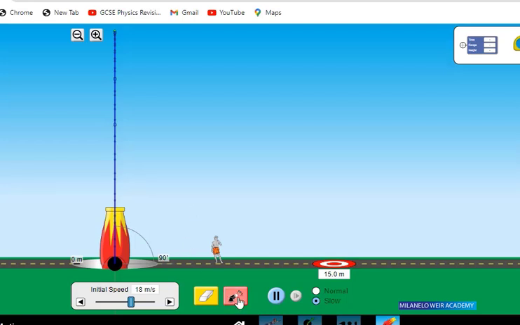Let me fire it up again, and I want you now to concentrate on the speed of the object at this point, just before turning back. I want you to observe and tell me what you see.